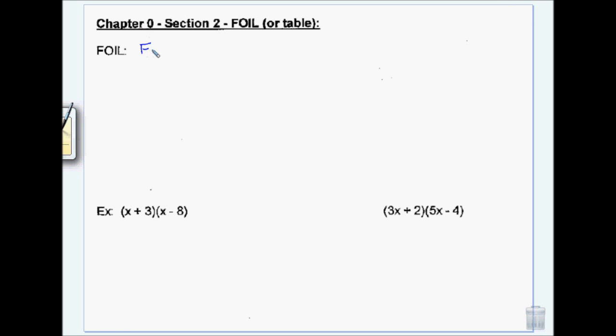FOIL stands for first, outside, inside, and last. And it's the order that you multiply in.